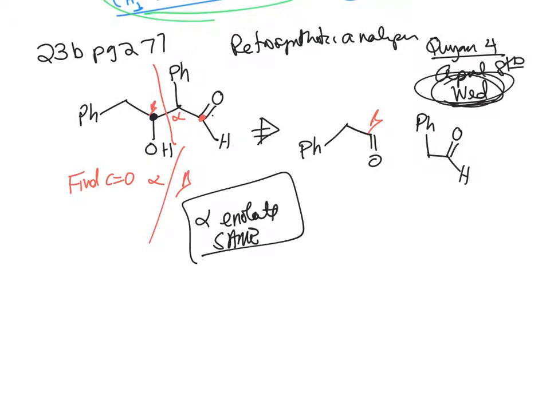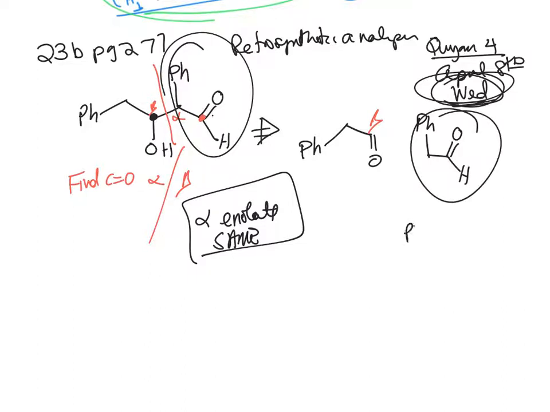You see there's no difference. And then when you draw your mechanism, you just make your enolate from your alpha. So you just redraw it and then you make your monkey face on the alpha. Okay, and then that's what's going to go after your beta.